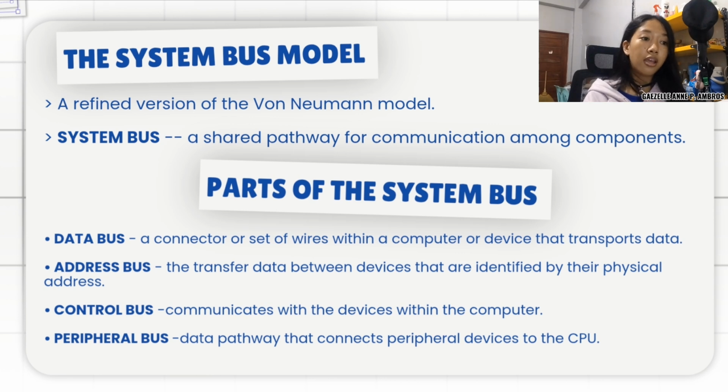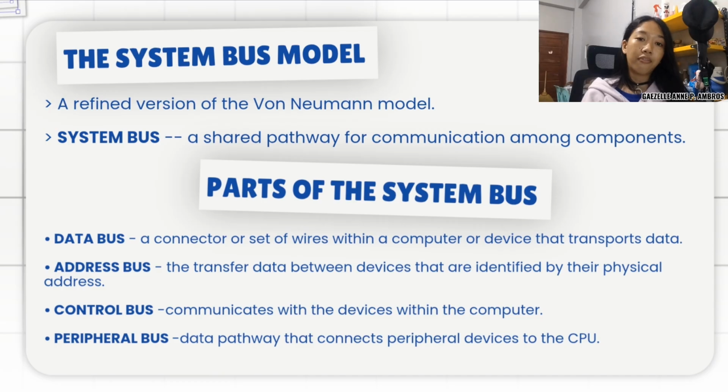So next up, we also have the control bus. As we can read here, it is a computer bus used by the CPU to communicate with the devices within the computer. This can also occur through physical connections. So again, like the control unit in the von Neumann model, this bus is the one responsible for making sure that the data bus and address bus do their work correctly.